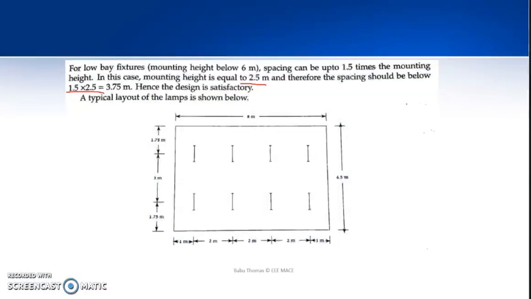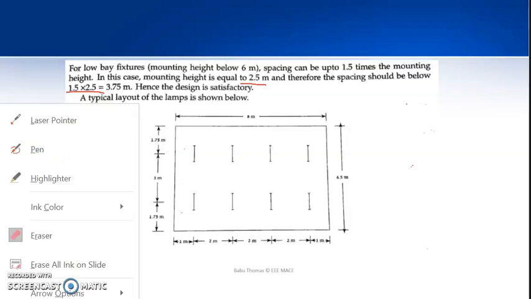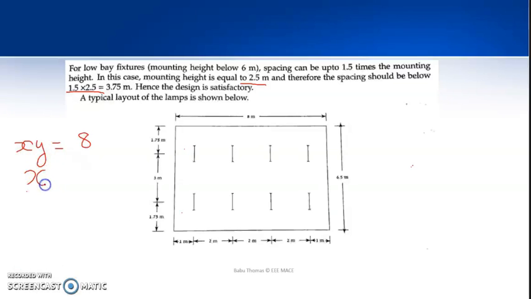And in order to lay out the luminaires, we can use this particular formula. We can take x into y as 8 numbers, where 8 is nothing but the total number of luminaires, and you will be choosing x by y as the size of the room you are considering.